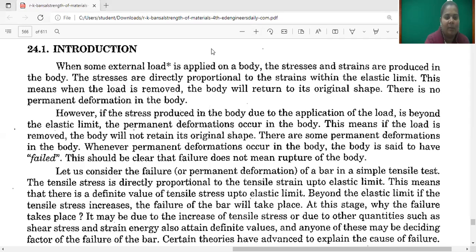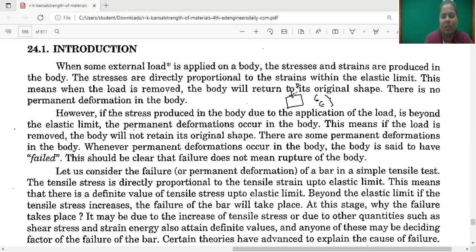Now I will explain this first paragraph. Suppose we have taken this block, and I have applied load on this block. Whenever we apply load, stress and strain will be developed here.